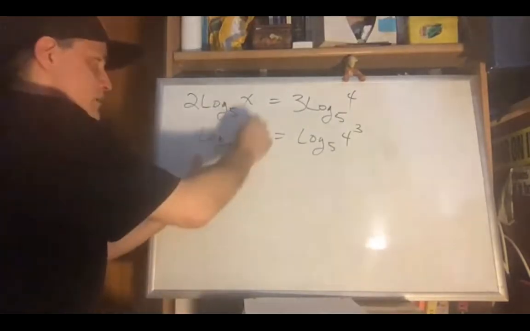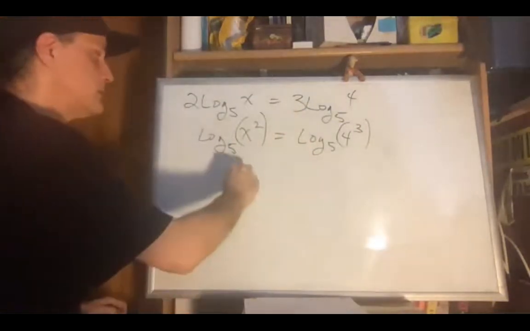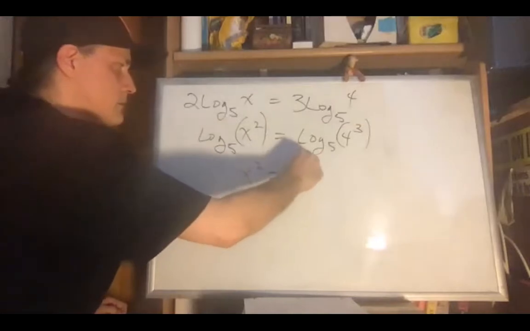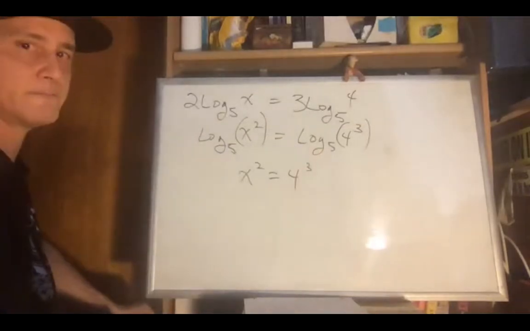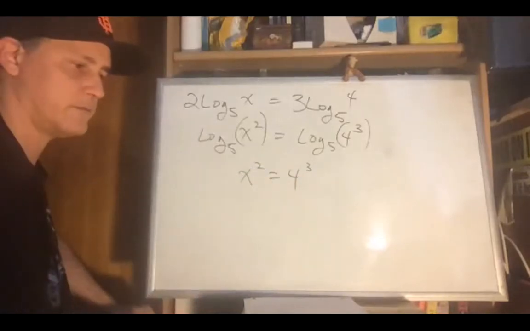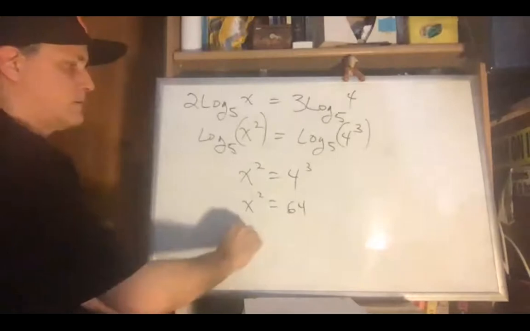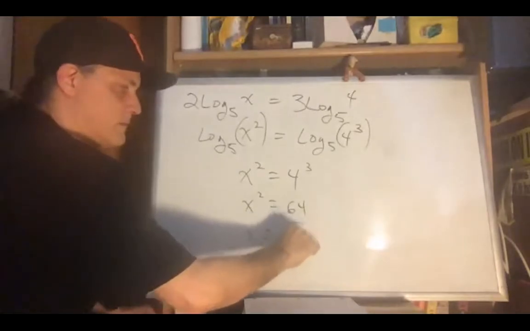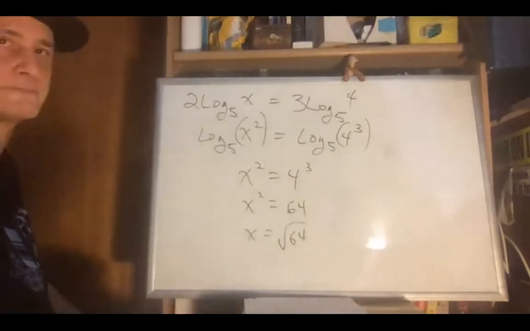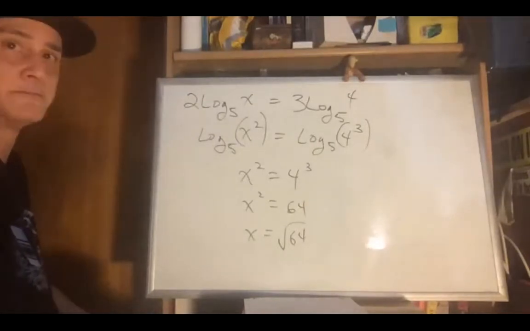And so the two values have to be the same, so you can reverse logging both sides. Right, and so then I think 4 cubed is 64? Yeah. And so x squared equals 64, so x is 8.